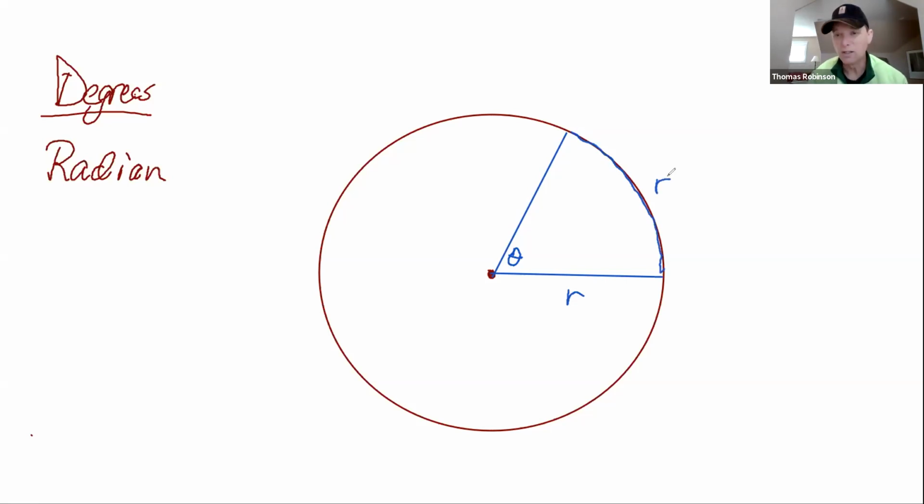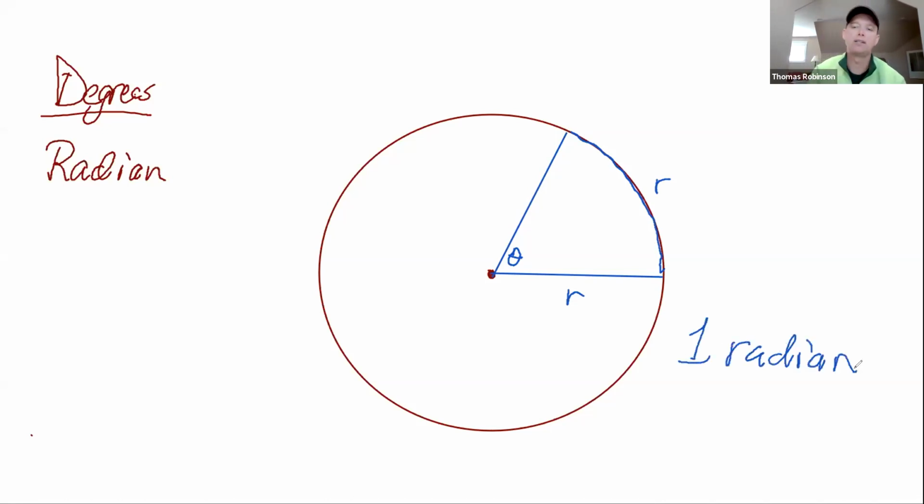I think I'm close there, but can you look at that and see, does the length of that radius here match more or less the length of the arc right there? Where that happens, we define as being 1 radian.